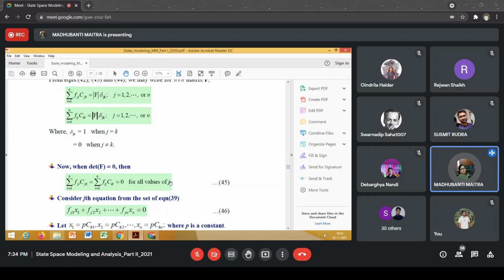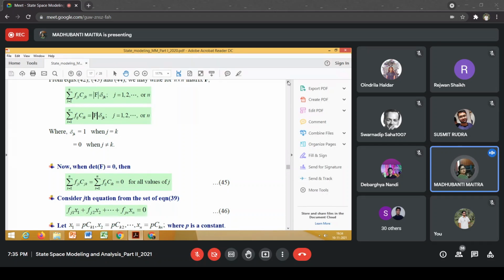So the value of the summation will not depend upon whether j is equal to k or j is not equal to k. The summation will always yield a value which is equal to 0 if the determinant F itself is 0, right?